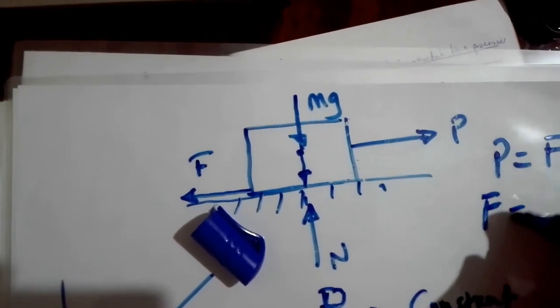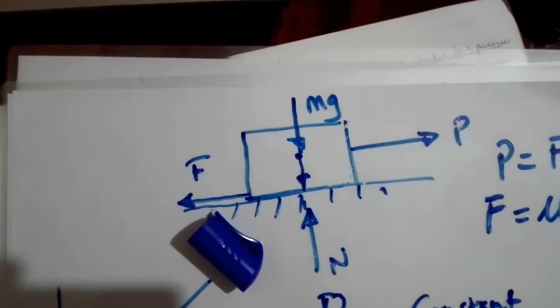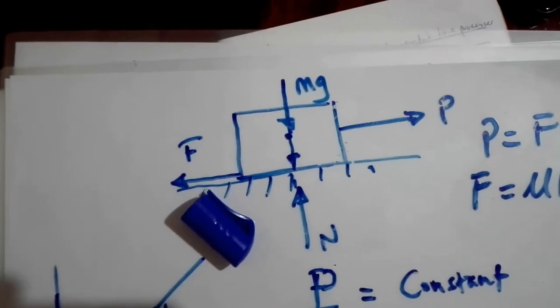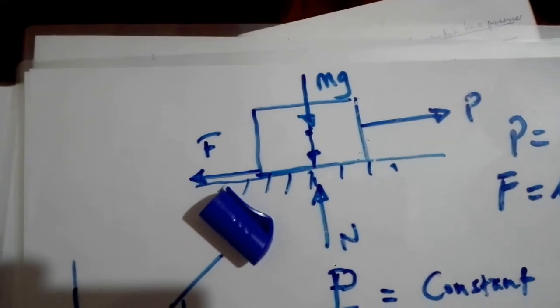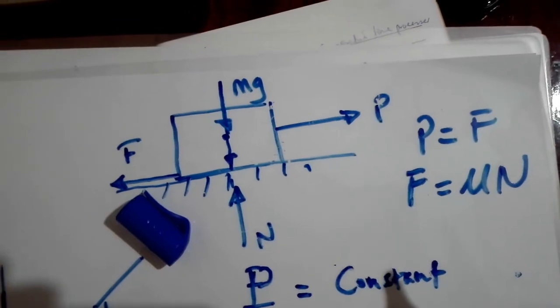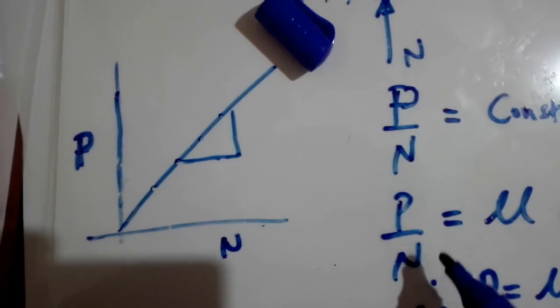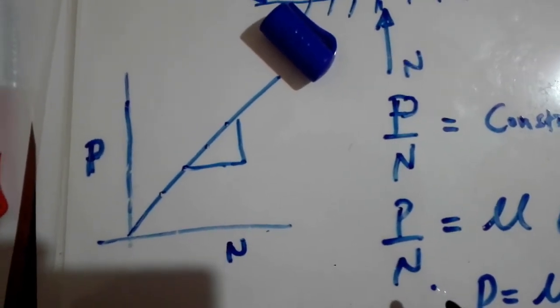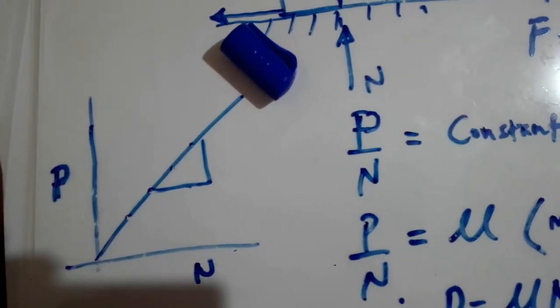This also means that we can say the friction force is equal to mu N. Now mu, or the coefficient of friction, in this case a coefficient actually means a multiplier. Since P and N are measured in newtons, mu does not have any units.